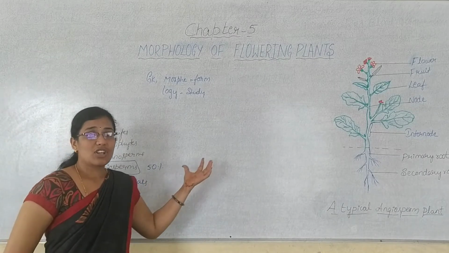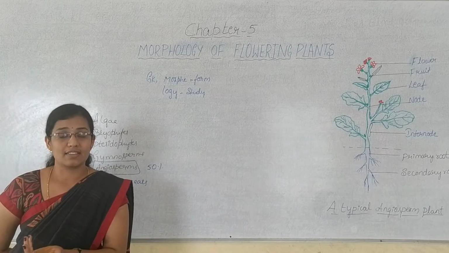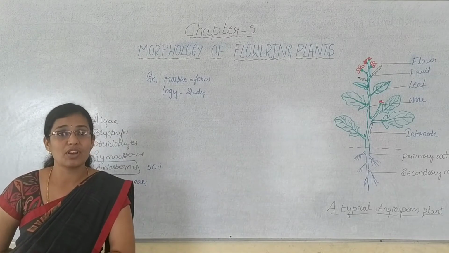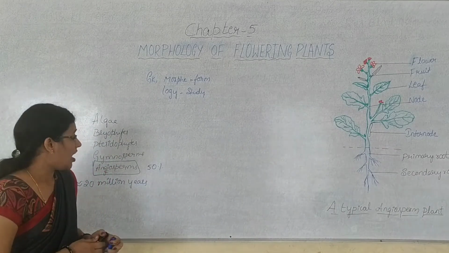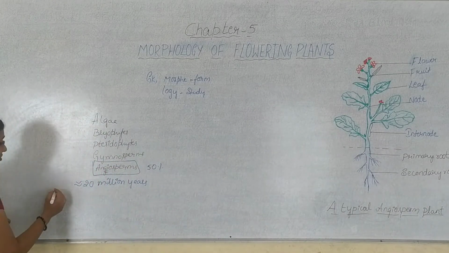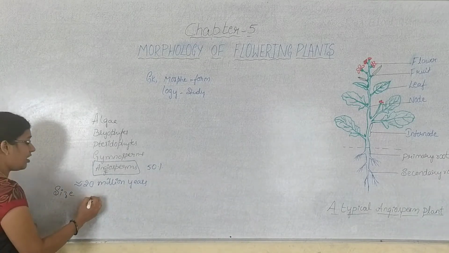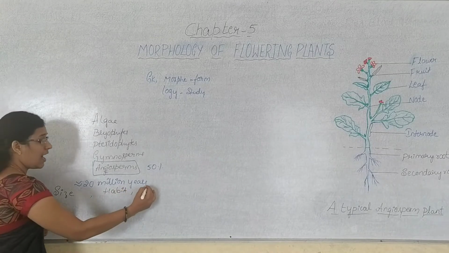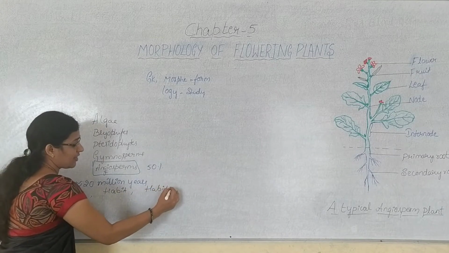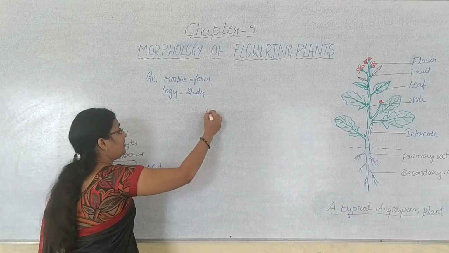And these angiosperms, that is flowering plants, show varieties and diversity in terms of their size. Not only size, they also show diversity in their habitat, as well as their lifespan.